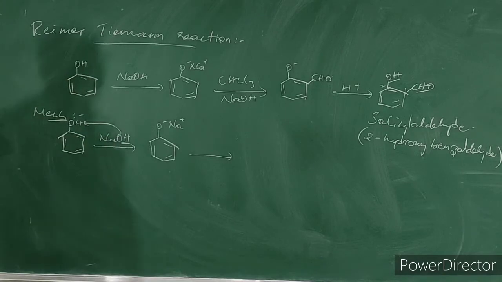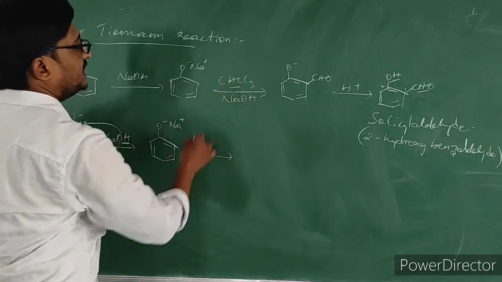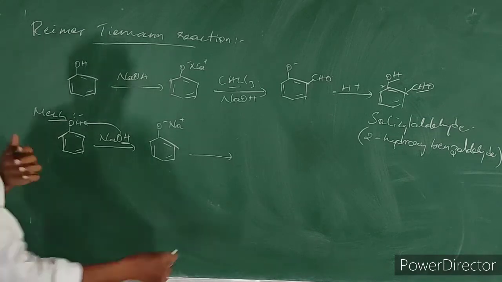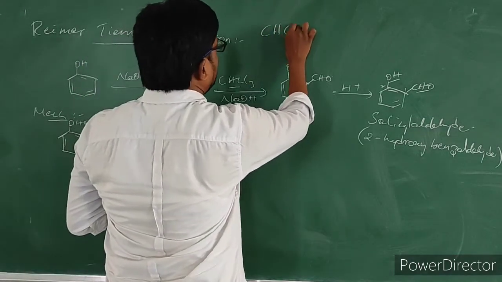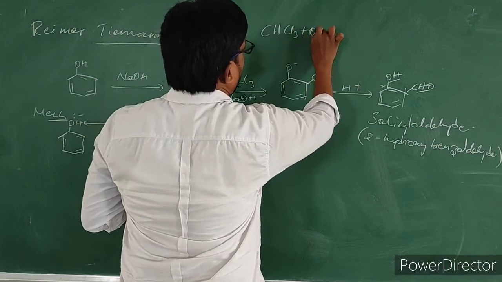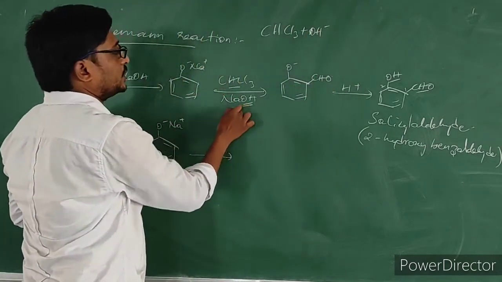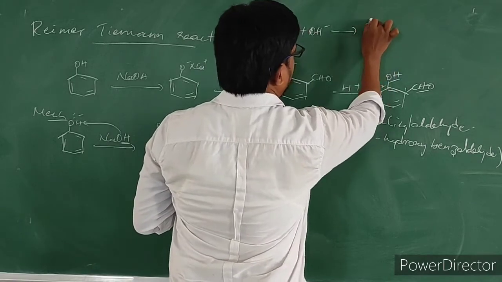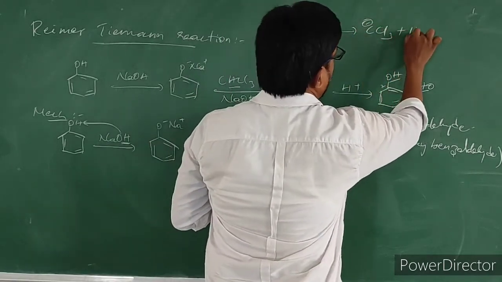If you see this chloroform, initially it gets converted into CCl3 minus. CHCl3 reacts with OH minus ions from sodium hydroxide, resulting in the formation of CCl3 minus plus H2O.